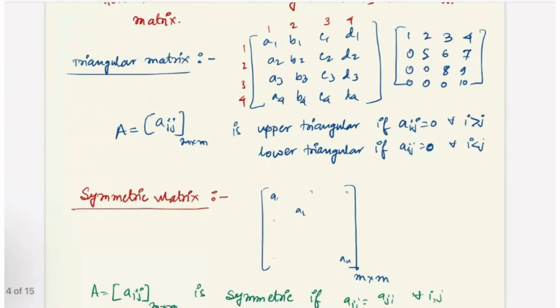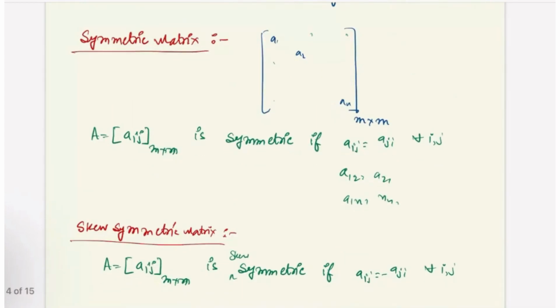For a triangular matrix, there can be two types, upper triangular and lower triangular. If it is an upper triangular matrix, all the lower triangular entries should be zero. And if it is a lower triangular matrix, all the upper triangular entries should be zero.